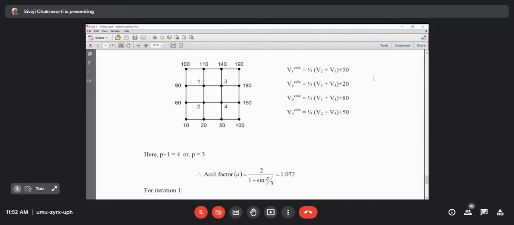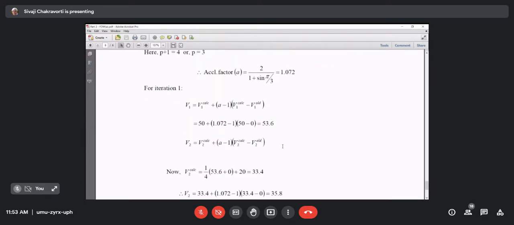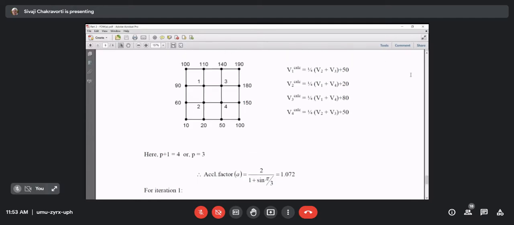So old value of V1 and then this new value, when we put 0, I get 50. So here you can see V1 calculated is 50, V1 old is 0. So using this acceleration factor where the number of nodes is less than 15, we calculate it using one of those equations, 1.072. So I get a value 53.6. If I don't use the acceleration factor, this value will be simply 50.